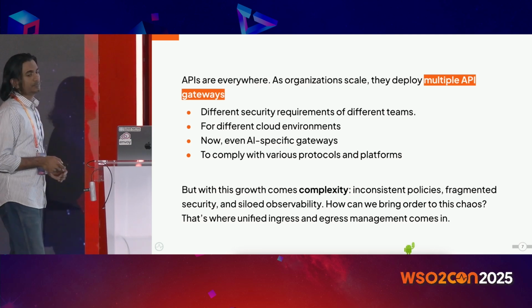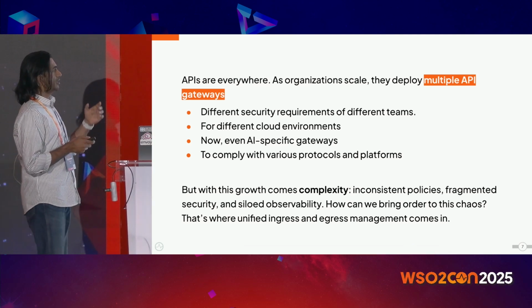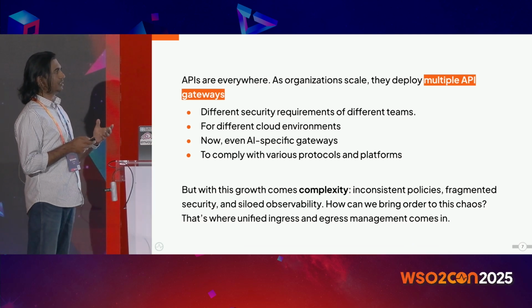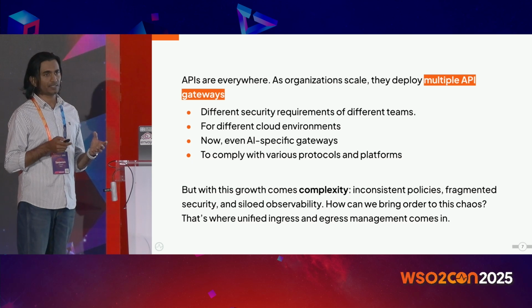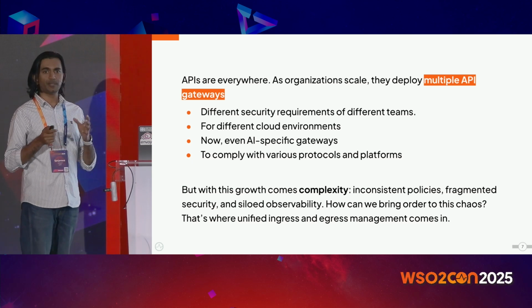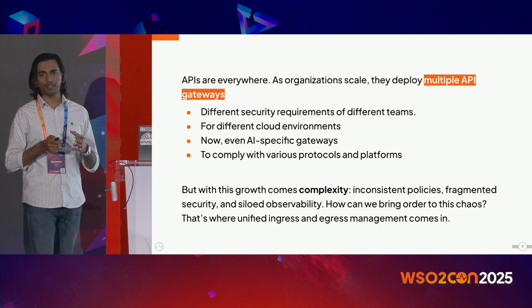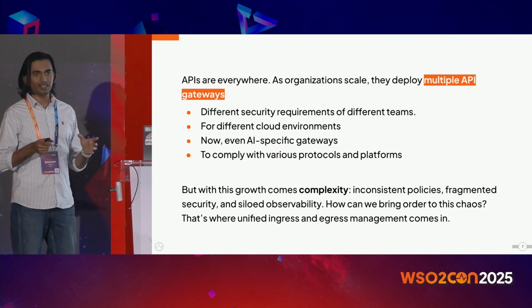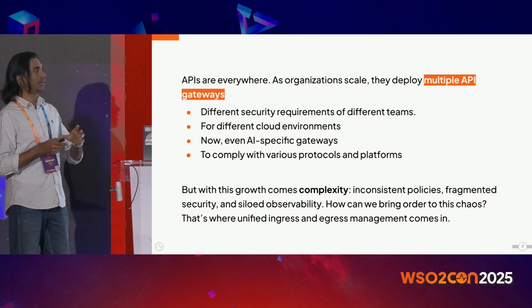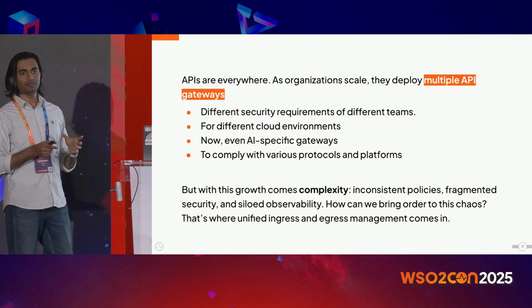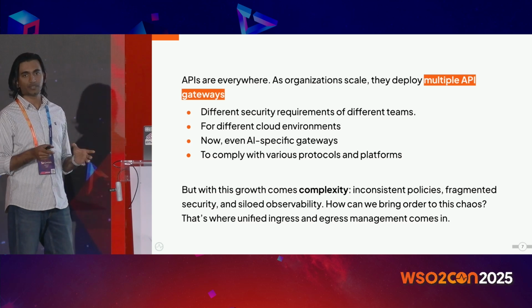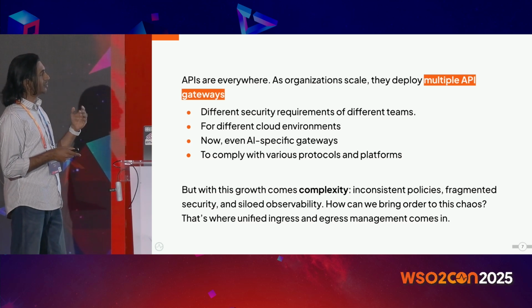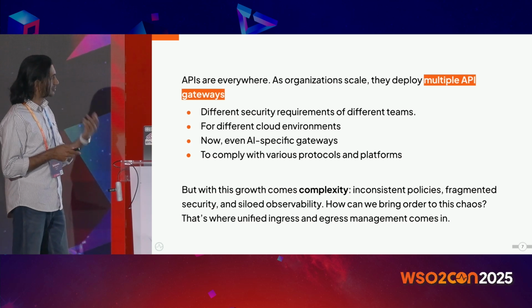Like I mentioned earlier, these days API ecosystems are getting complicated. When we started API management way back in the 2010-12 timeframe, we had just one single API management platform and one API management team, and they took care of everything. But now things are somewhat different.